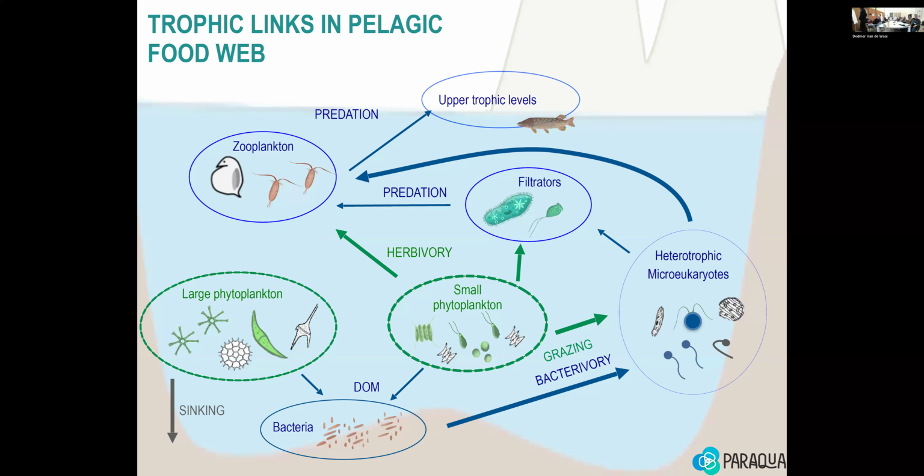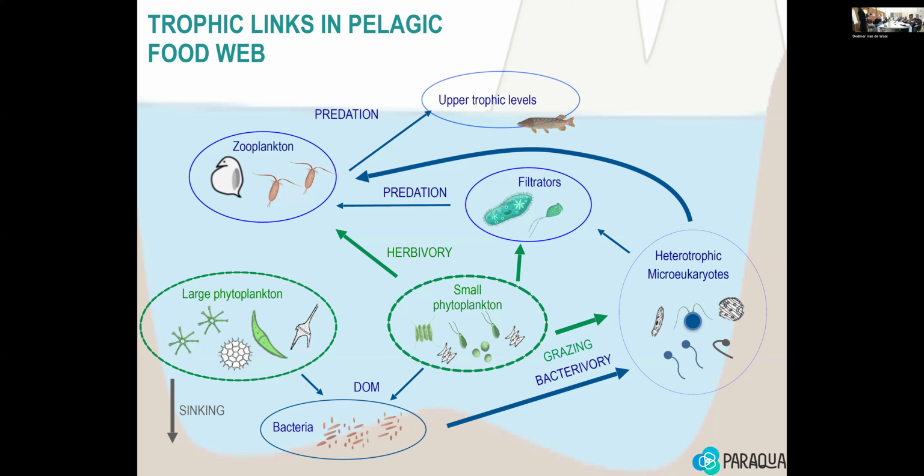Okay, so let's dive into our pelagic food web and the trophic links. When we think about a pelagic food web, for a few decades now we have known very well that most of the links are microbial.